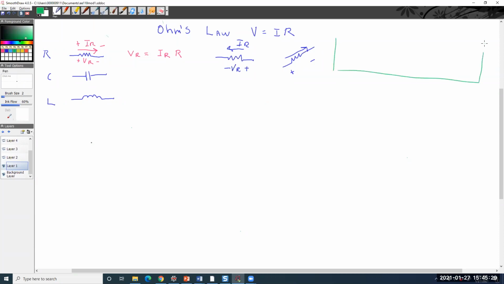Now, I'm just going to call this out in case anybody has a question, but you should really avoid what I'm about to show you. If I have the arrow going this way, but VR going the opposite direction, Ohm's law would be changed to this.